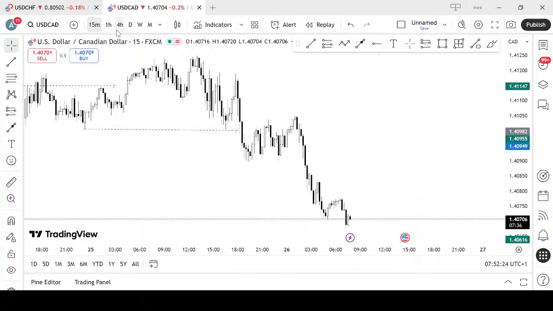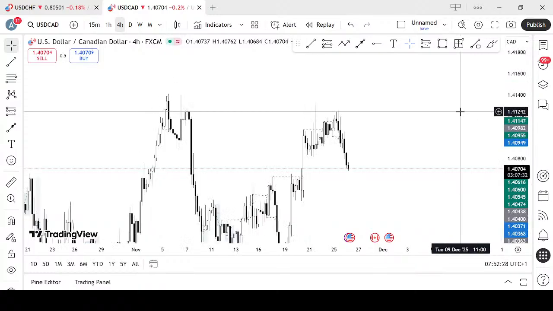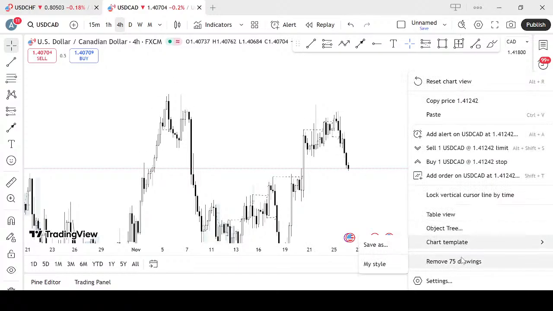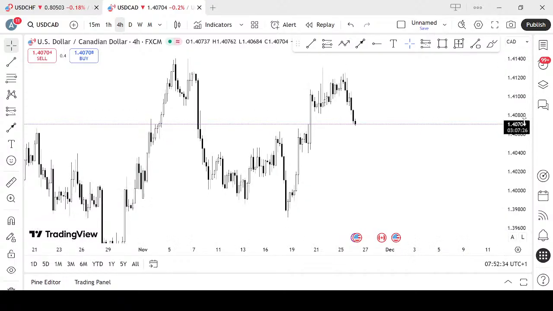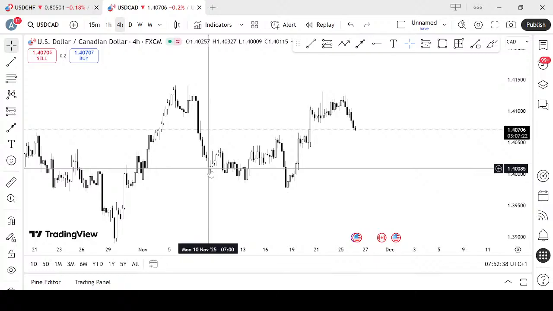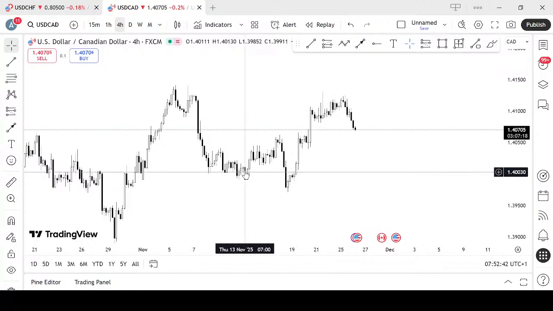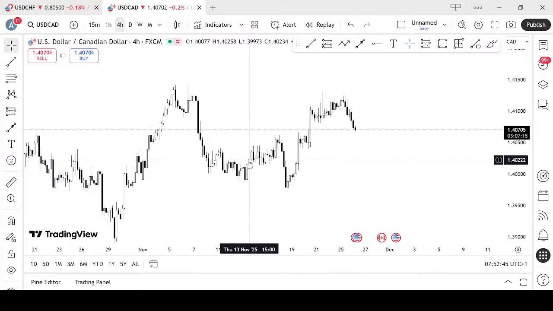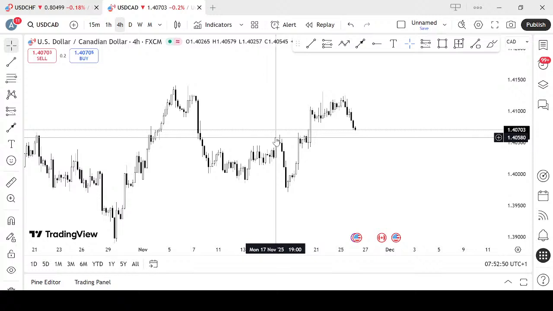On USDCAD, on the 4 hour, you can see from here we have this high and a low. The low below it here created a new lower low, broke to the upside here. We have a new high here, a new higher high formed again, powered by this low.